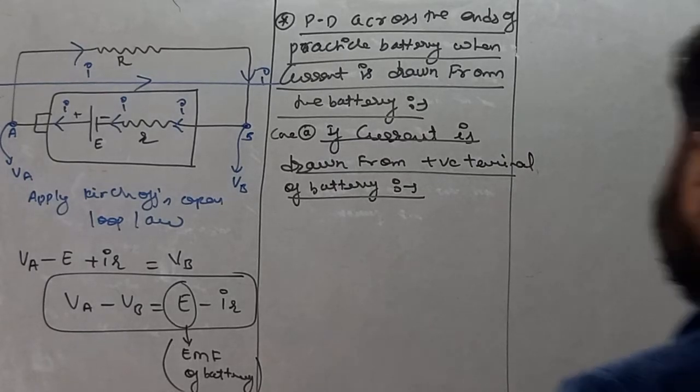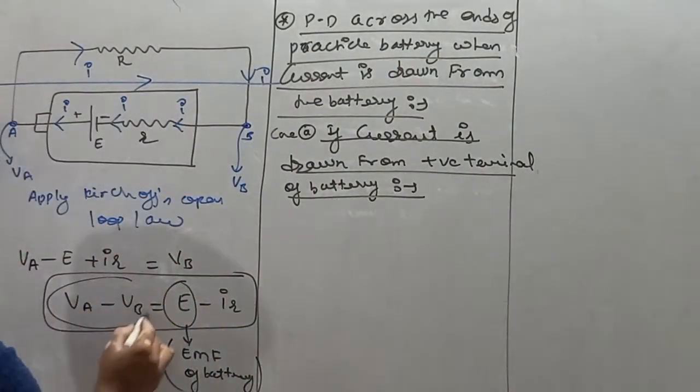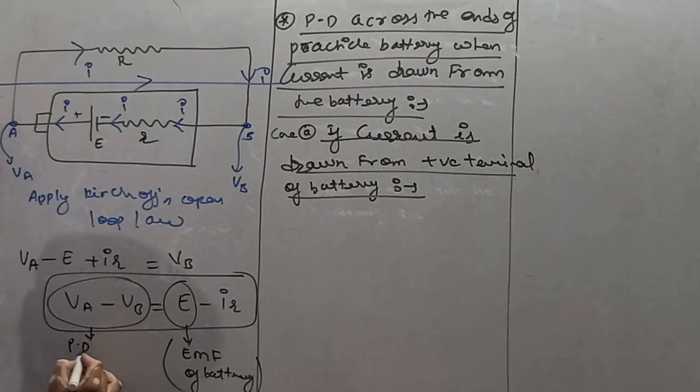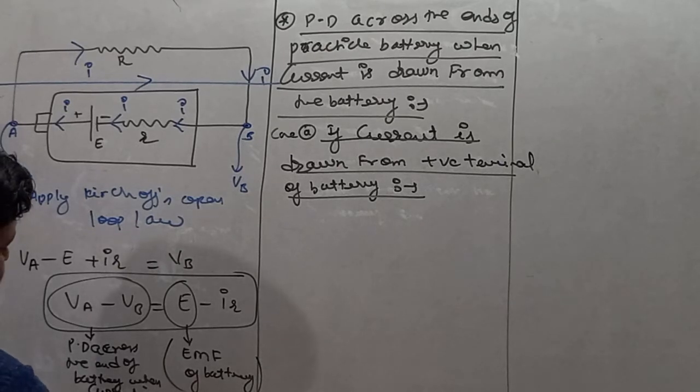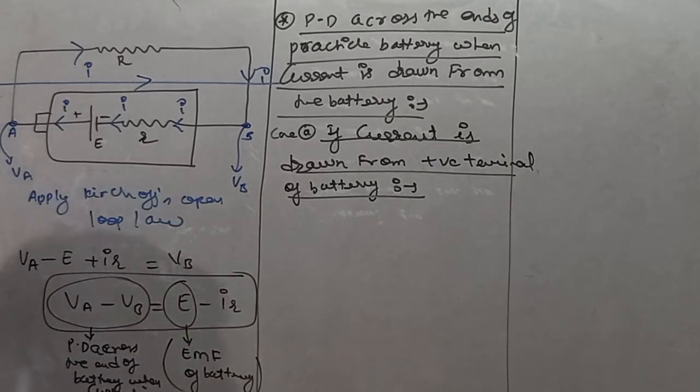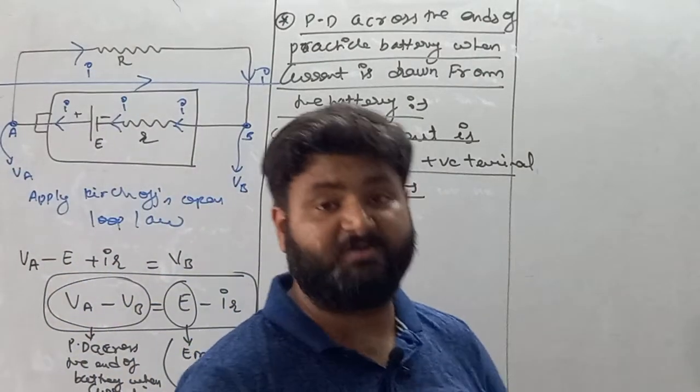This VA minus VB is nothing but the potential difference across the ends of the practical battery when current is drawn from the battery.